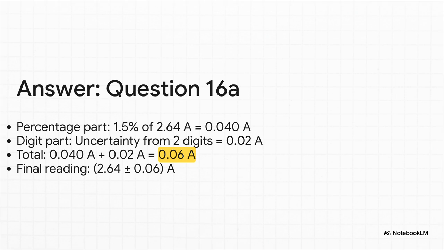Okay, now for the two digits part. That refers to the last decimal place, so that's an uncertainty of 0.02 amps. To get the total uncertainty, you just add them together. 0.040 plus 0.02 gives us 0.06 amps. So the final honest reading is 2.64 plus or minus 0.06 amps.